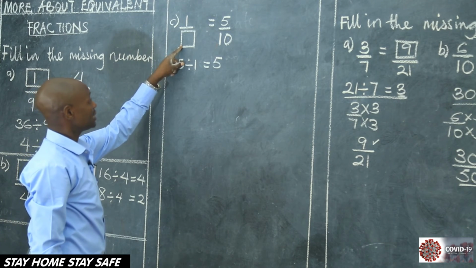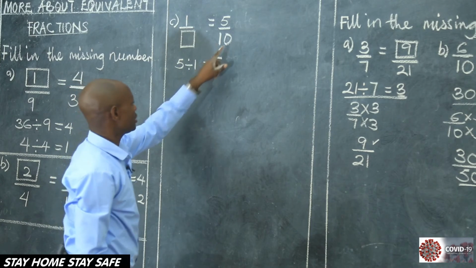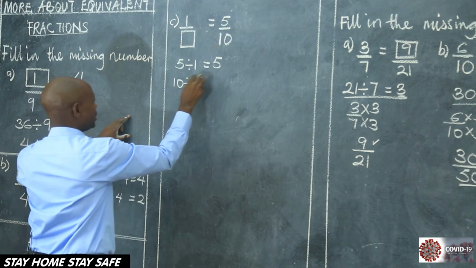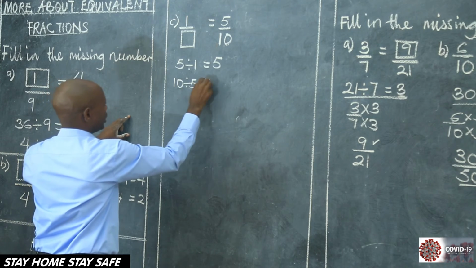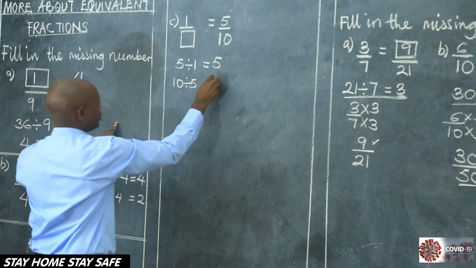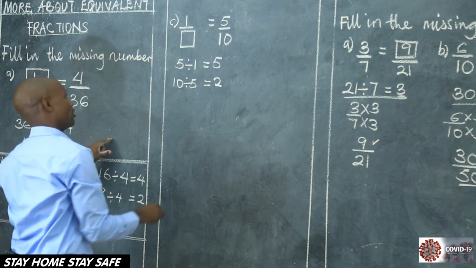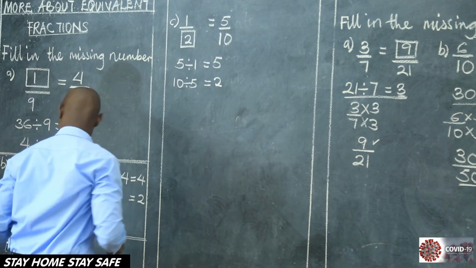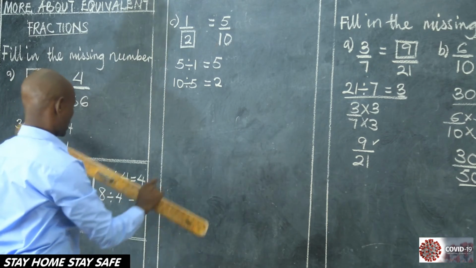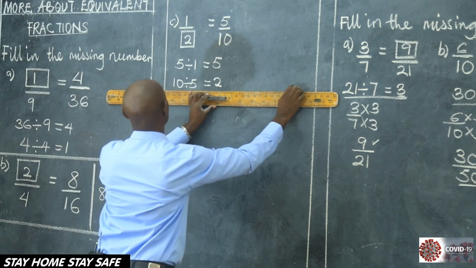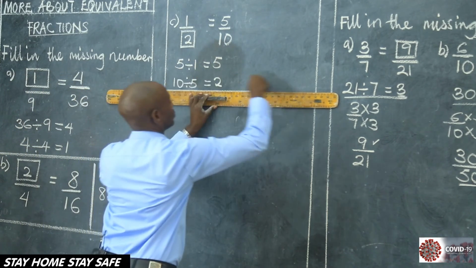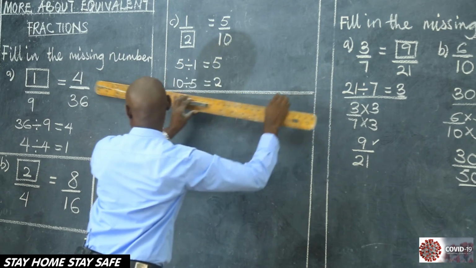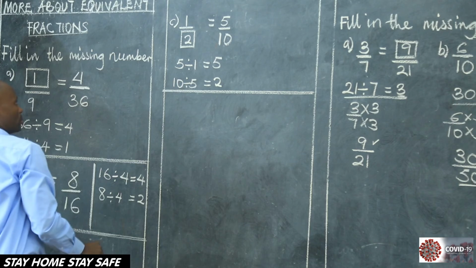To find the missing denominator, you get this denominator, then you divide it by the answer you have got, and this one is going to give you 2. Therefore, the missing number here is 2.